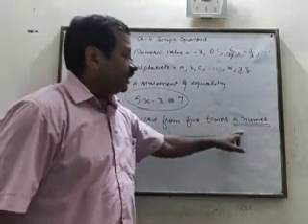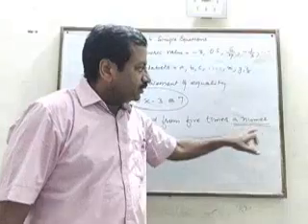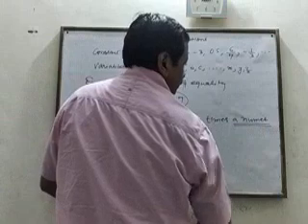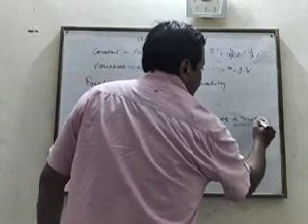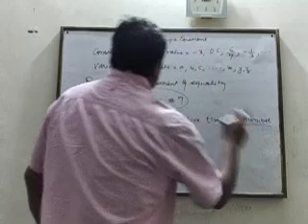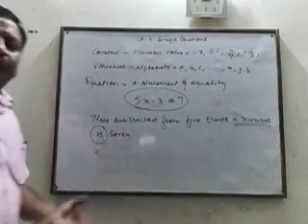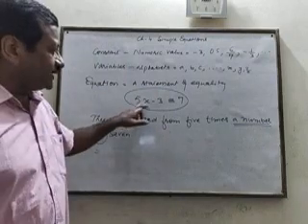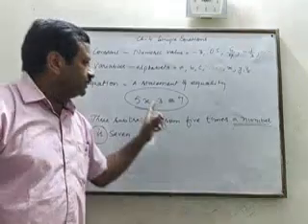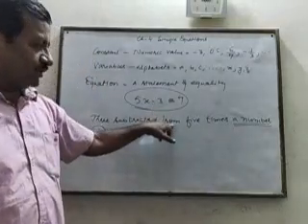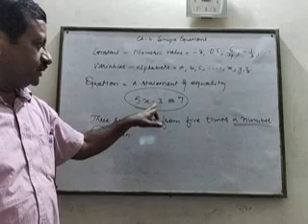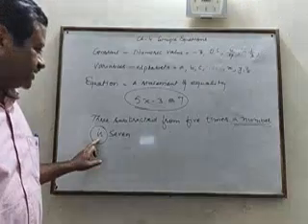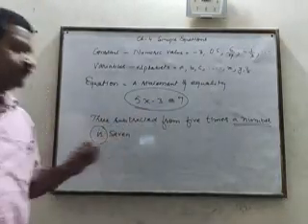So 5 times a number, but the number is not specified, so this is a variable. At the place of this number, we can put any variable x or y or z or m or n. It is up to you. So 5x, that is 5 times a number. Then "from" is written, that is why we have written it first. Subtracted, 3 subtracted, minus 3, "is" means is equal to, then 7.